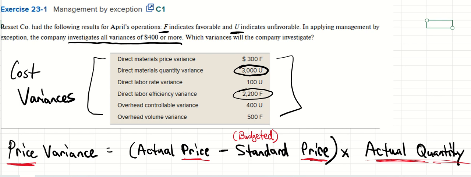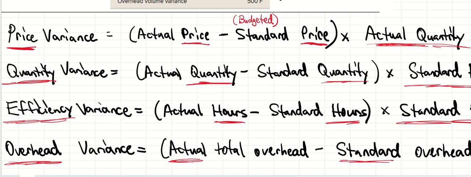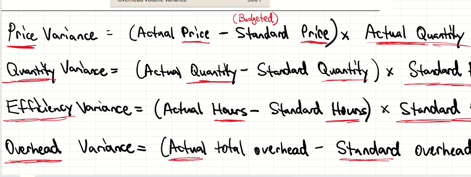So this is a good thing, but maybe when we go down to the efficiency variance, actual hours and standard hours, this is letting us know that standard hours was greater than actual hours by 2,200. So maybe we need to cut down on the hours, which means that we can cut down on the cost, or allocate those hours to somewhere else, another area that needs it.